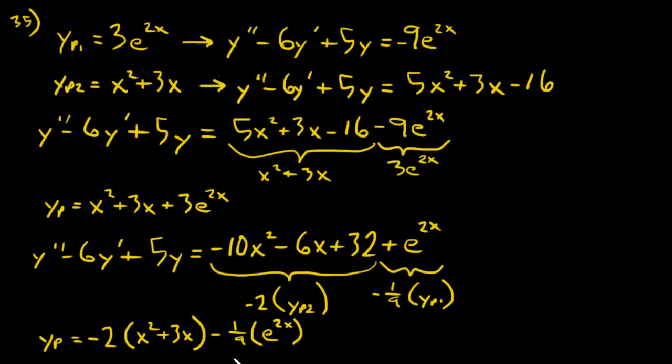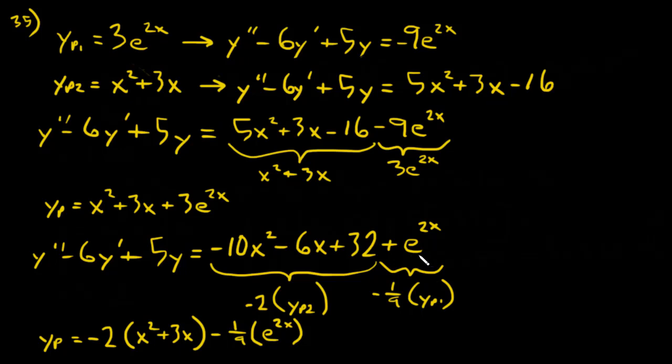Alrighty, this is kind of a backwards, twisted way of looking at things. This piece right here matched this piece, but when it was multiplied by negative 2. So the particular solution is going to be negative 2 times the particular solution, so negative 2 times x squared plus 3x.